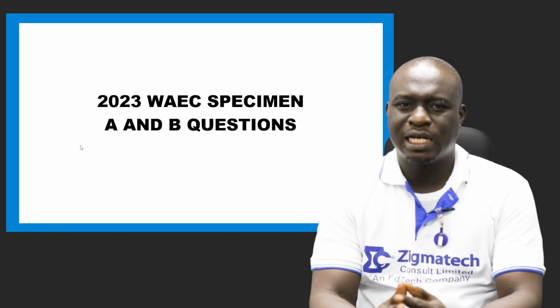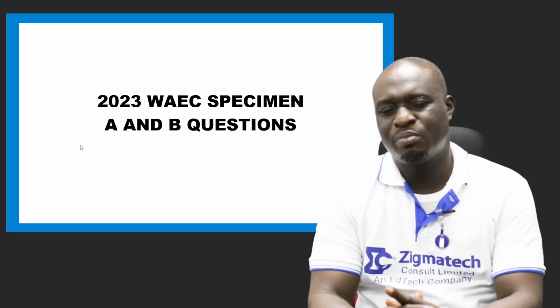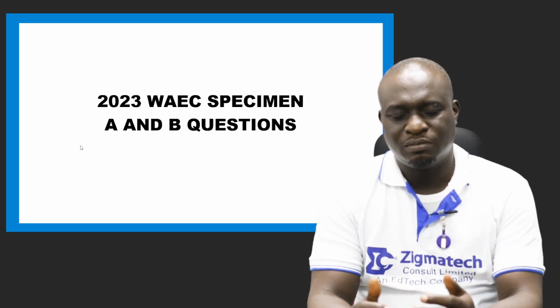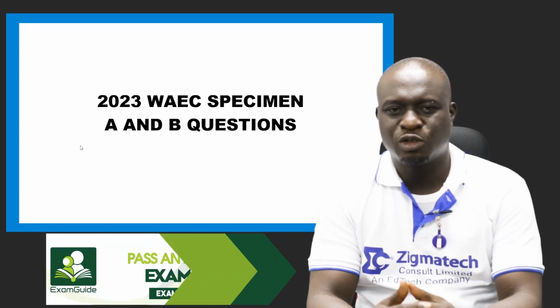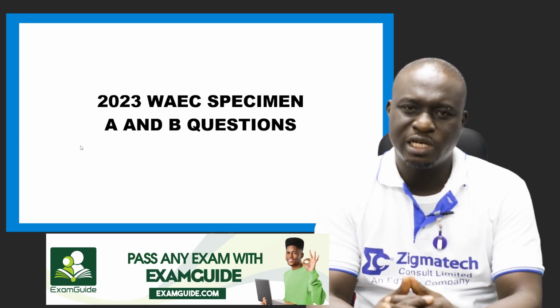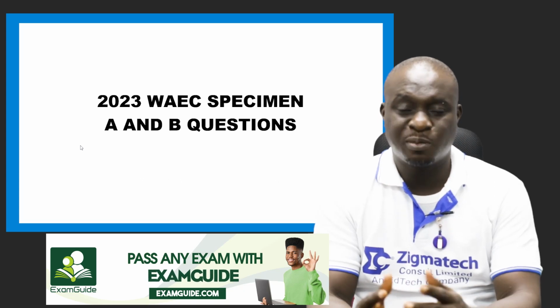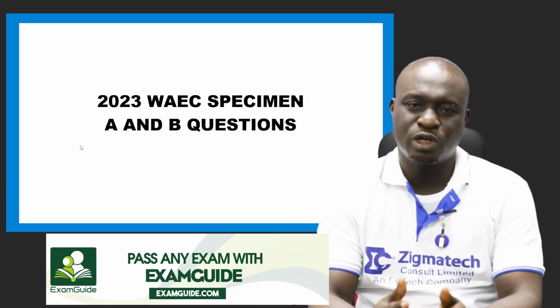Today we're going to be looking at a quite interesting topic. But before I go into that particular topic, I just want to highlight one or two things about the 2023 WAEC specimen A and B questions.